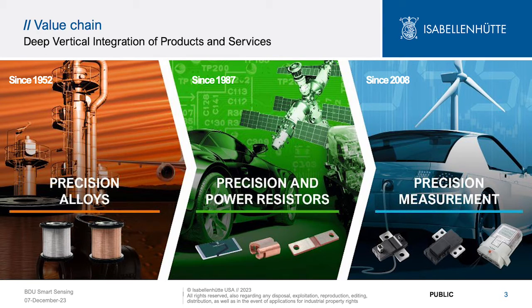Later on, we decided to manufacture our own shunt resistors made out of our precision alloys. This business unit, which is the largest business unit today, was officially founded in 1987. In the early 2000s, we took our shunt resistors and integrated them higher into precision measurement modules. This youngest business unit has existed since 2008.